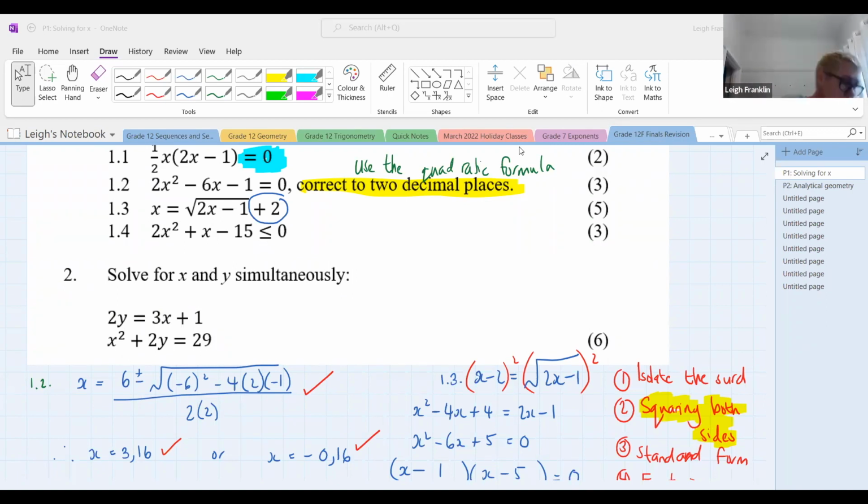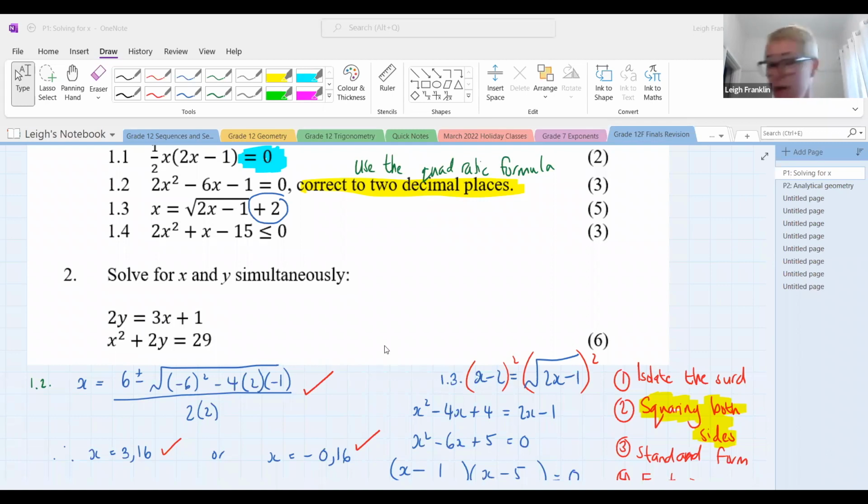What are you guys getting? Do you know how to check this? You're just basically working with the first line.